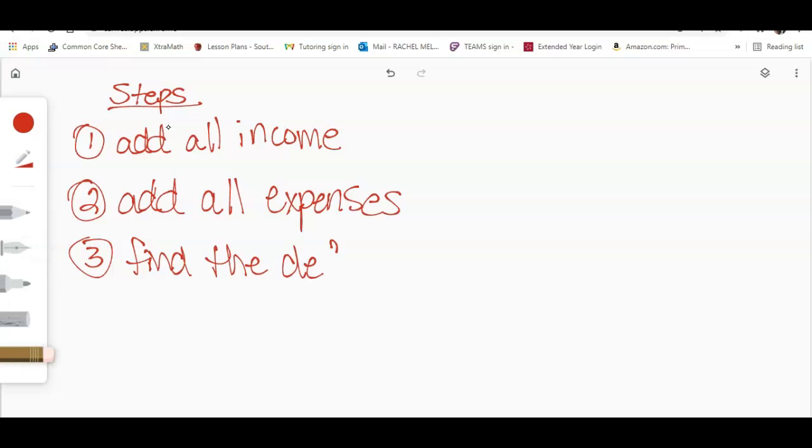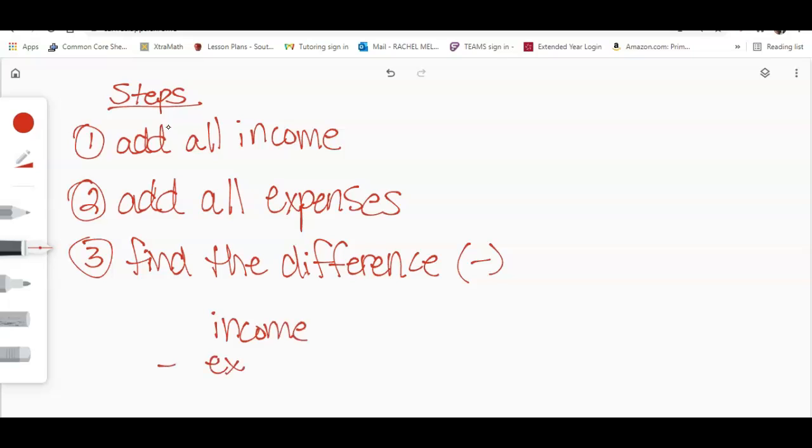Whoops. It would help if I could spell, wouldn't it? Find the difference, which again, difference means subtraction, right? So I do income minus expenses. Okay, so those are our steps for today.